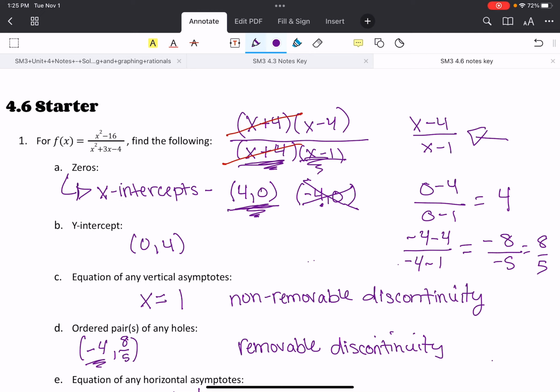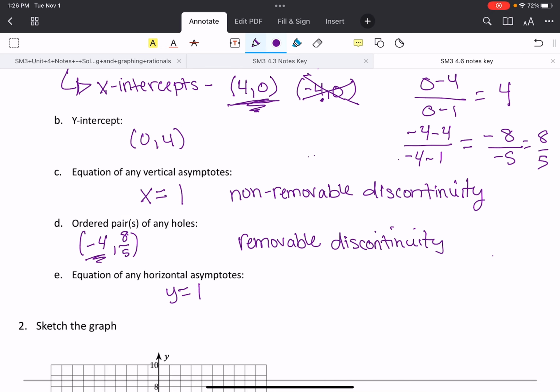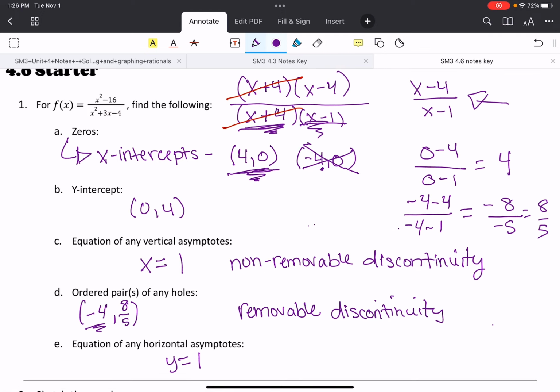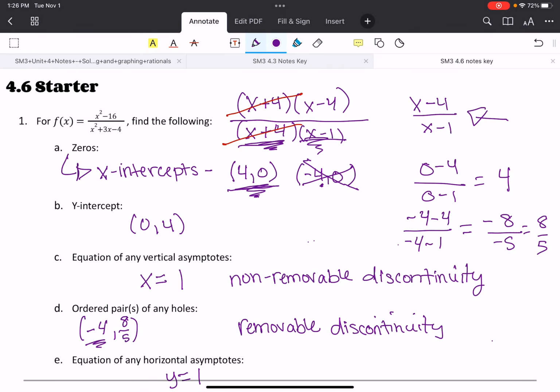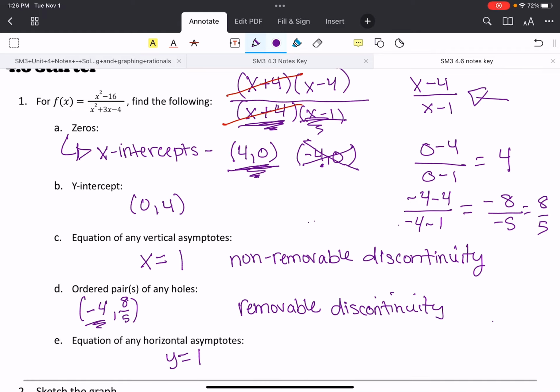Once we cross those out, I can plug it in here to give me the 8 over 5, the y value. And then we said the horizontal asymptote was y equals 1. Sam said because the degrees are the same, you divide the leading coefficients, 1 over 1.